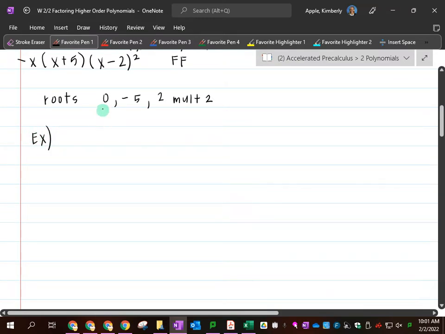Let's say I give you f of x, or the function, is equal to x to the fourth plus 2x to the third minus 7x squared minus 8x plus 12. And let's say there is a root at x equals -3.